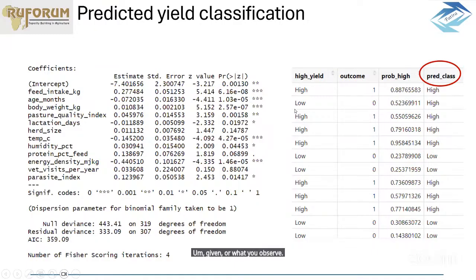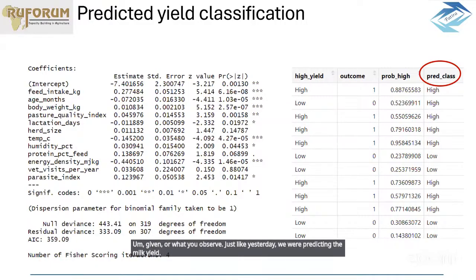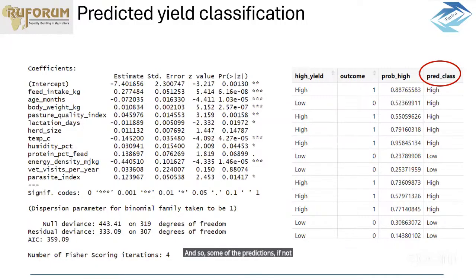Just like yesterday, we were predicting the milk yield. And so some of the predictions, if not most, were not exactly equal to the milk yield. So if you have a milk yield of like 420 liters, your model can give you 423. So there's a margin of error that is associated with these models, and you evaluate the model to see how good it performs. Better models are more likely to predict with better accuracy, as we are going to see.